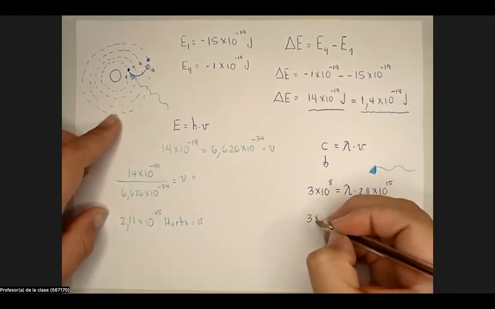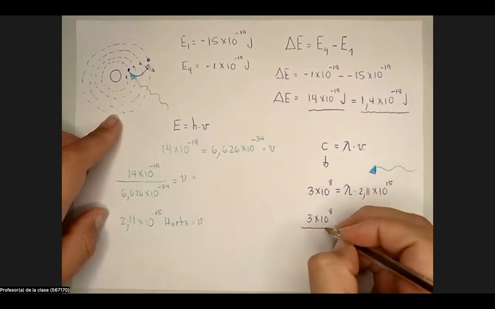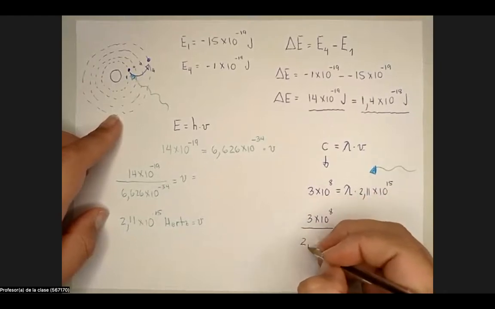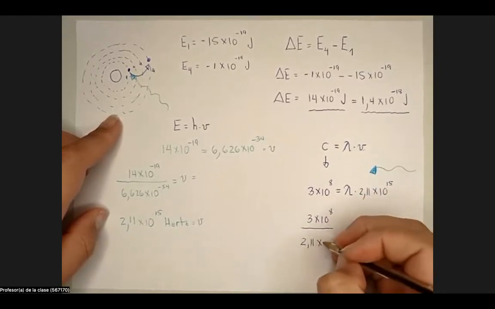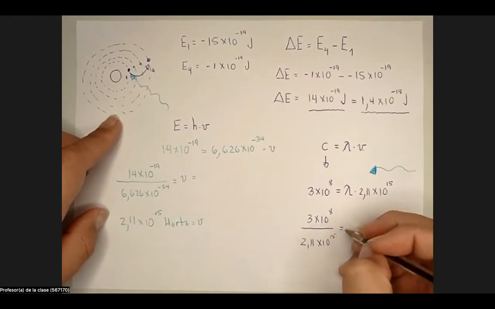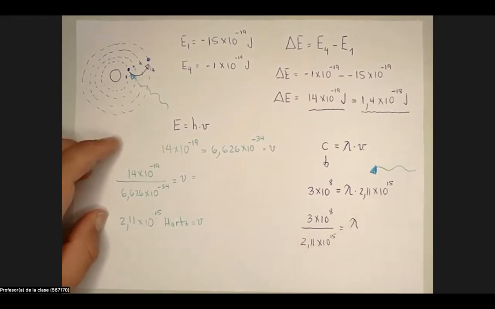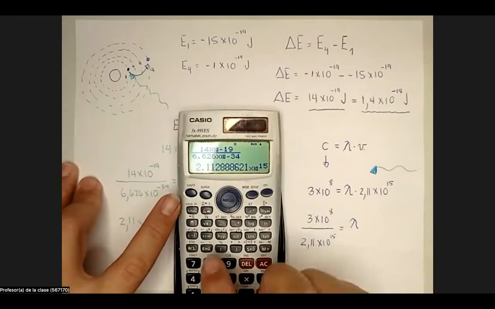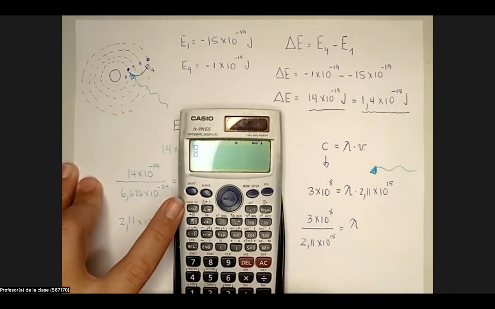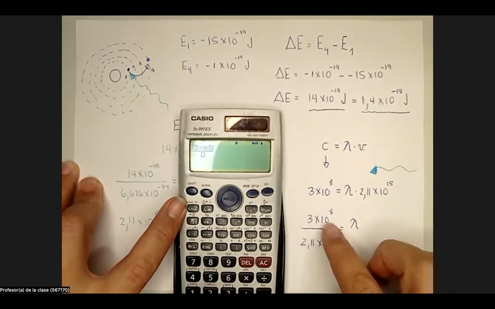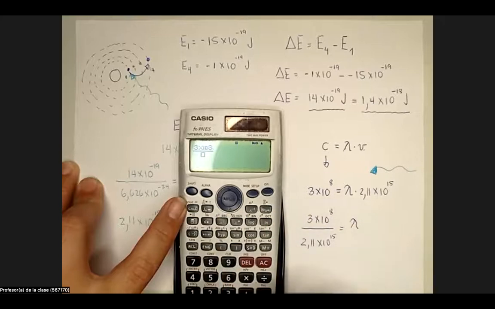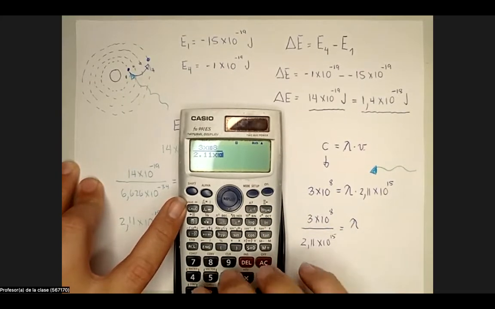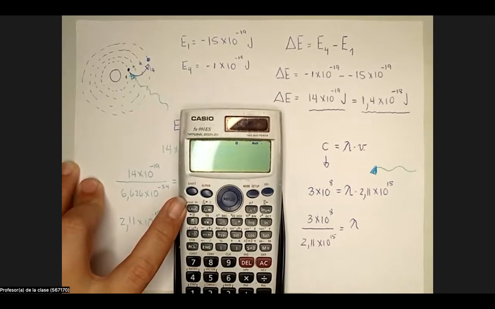So we can clear here the frequency and answer the first question. This will be the wavelength. So it's going to be the light speed, 3 by 10 to the 8 exponent divided by 2.11 by 10 to the 15 exponent.